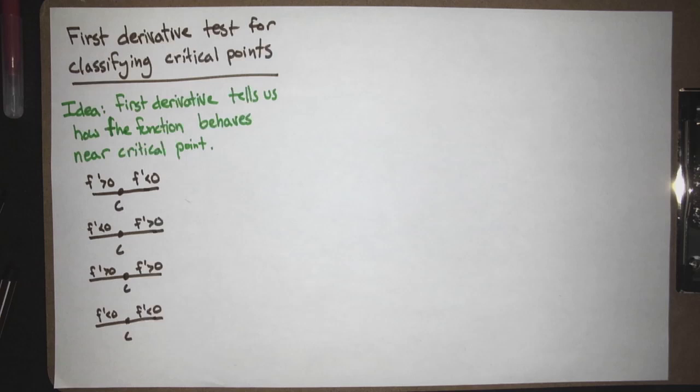And so we can use that to say something about what kind of critical point. Because I don't know if I've said this today, but what's important about critical points? Why are they critical? Why do we keep calling them critical? What's special about a critical point? Do you remember what makes a critical point so critical to our understanding?